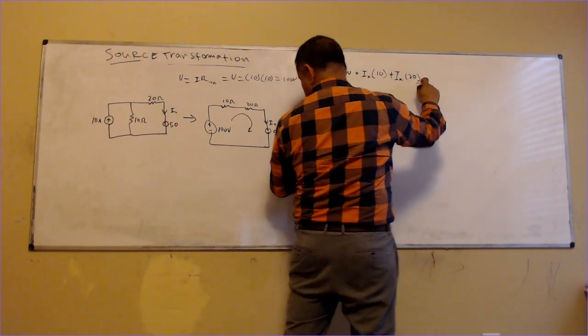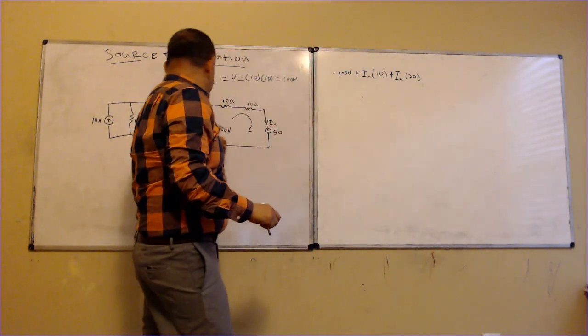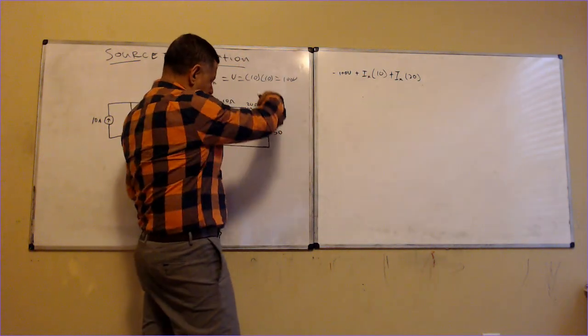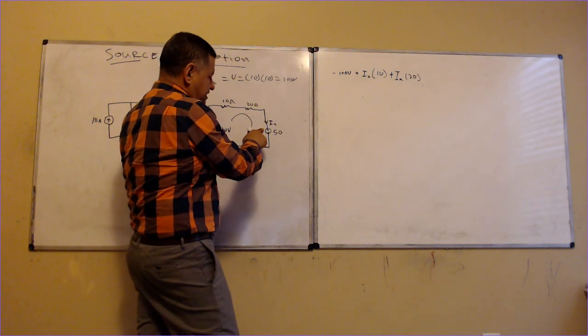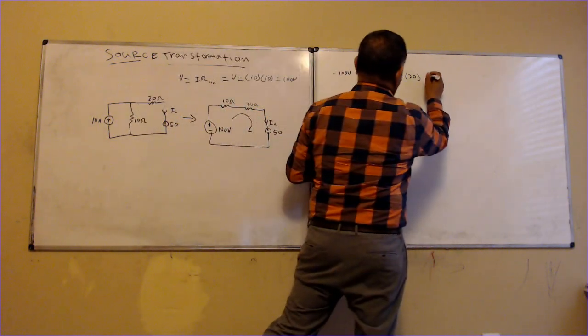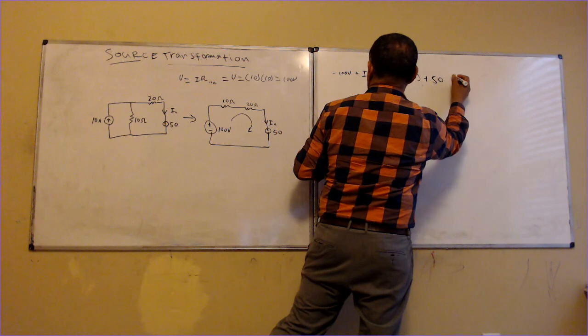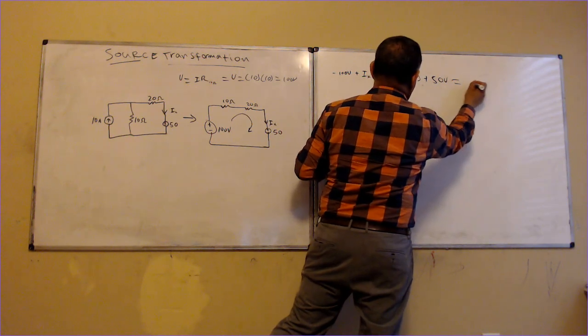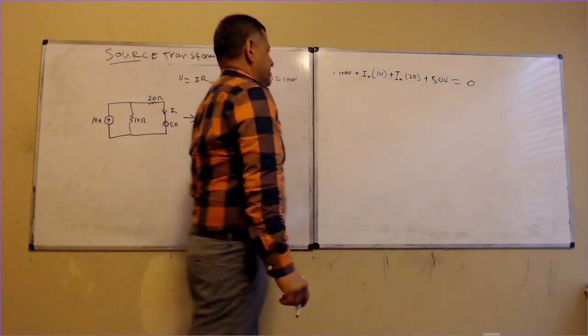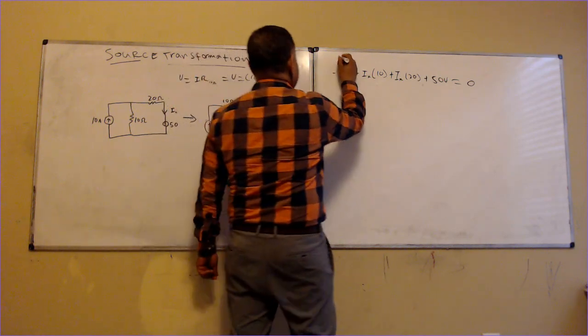This right here, I'm sorry, is a plus, because current is entering the positive, so it is plus 50 volts equal to 0. That's KVL.